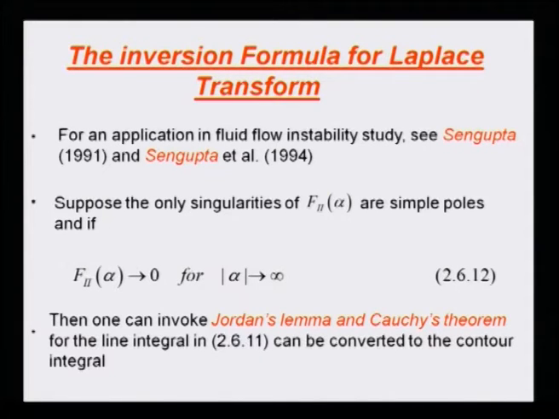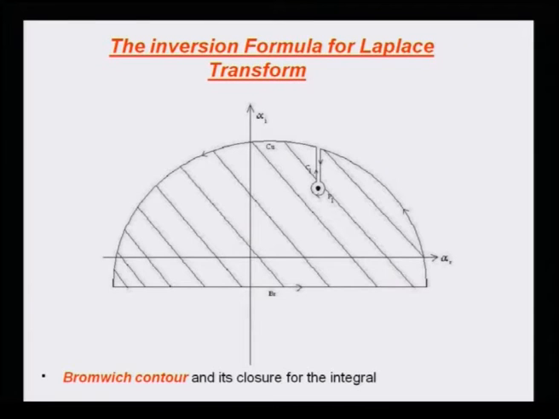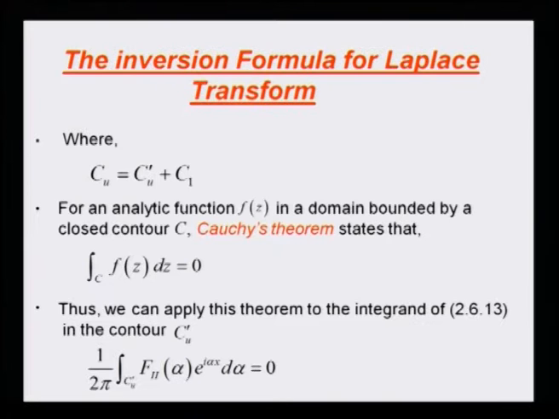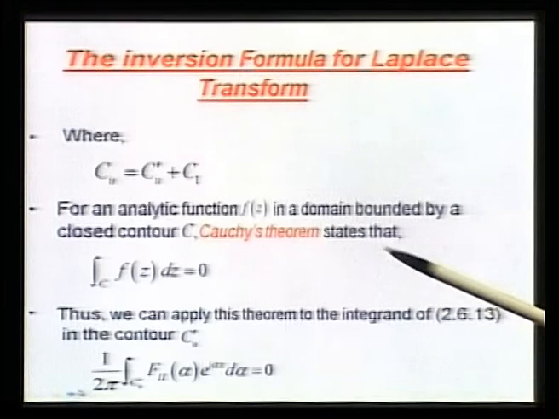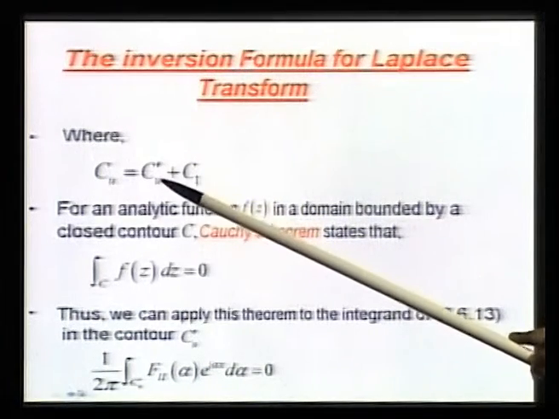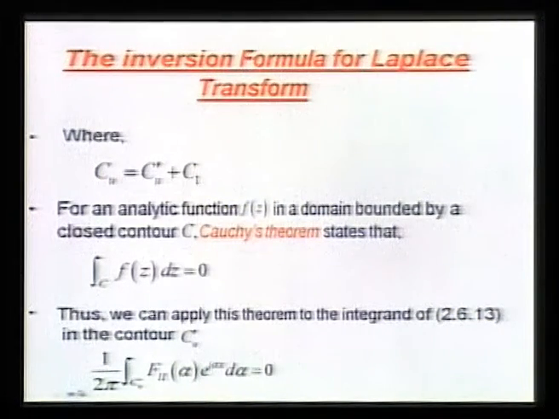Okay. So, then what happens is we do this. That is what we have done in this, and what we find is this is what you get, that C upper, as I told you, consists of C1 and the rest of it, right. So, Cu prime also includes the Bromwich contour.